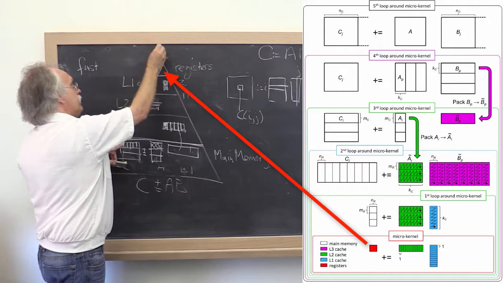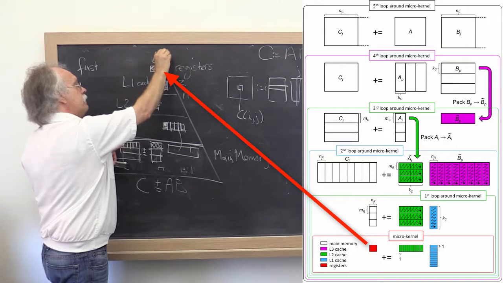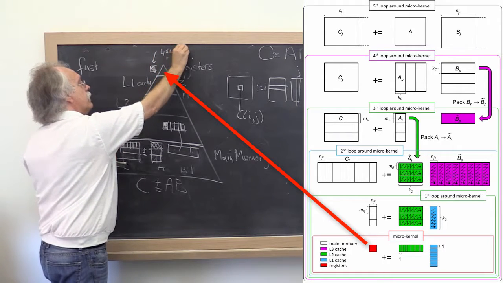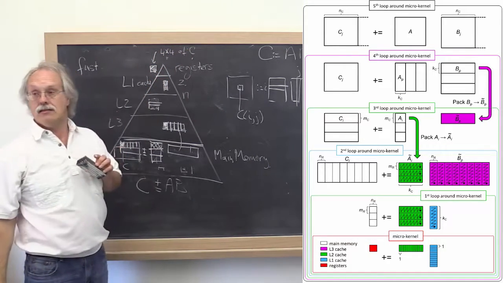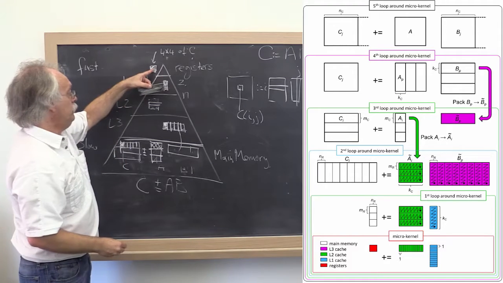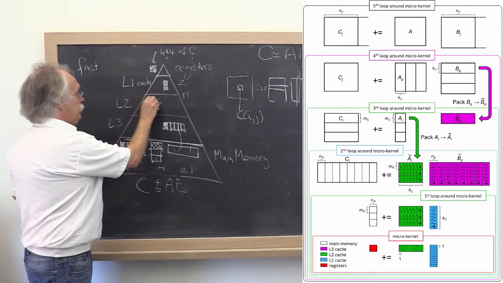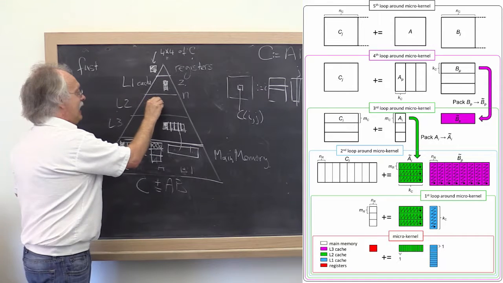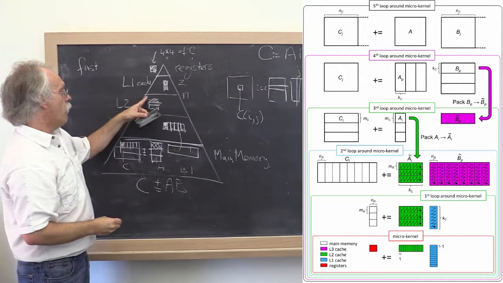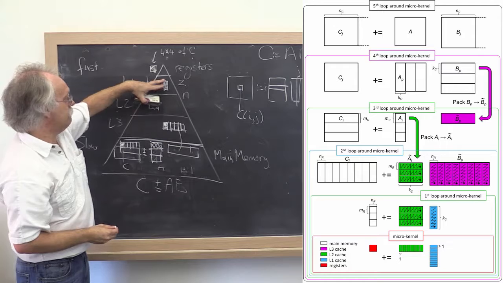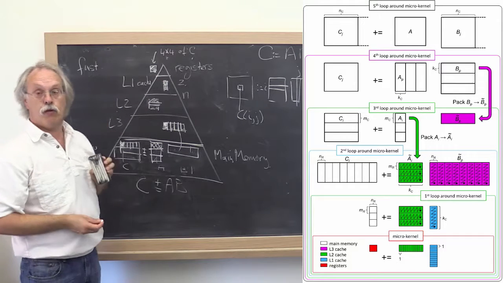So this is now, say, a very tiny block of C, maybe a 4 by 4 block of C. And what you need to do with that little block is do a tiny matrix multiply of a 4 by something matrix times a something by 4 matrix to update that 4 by 4 matrix.